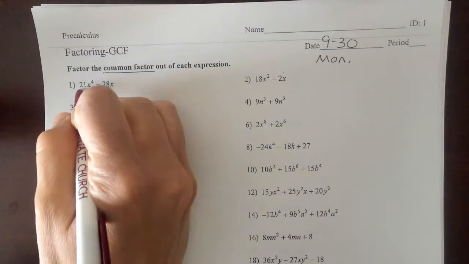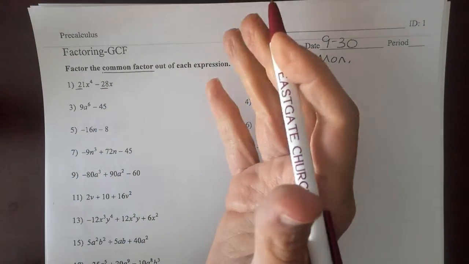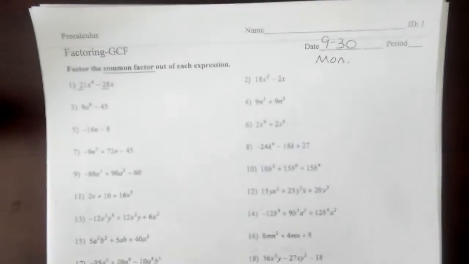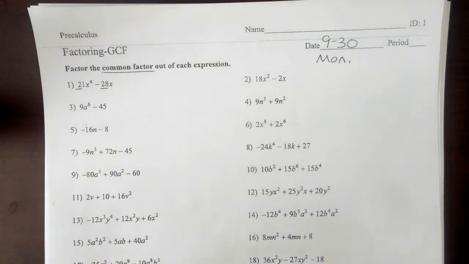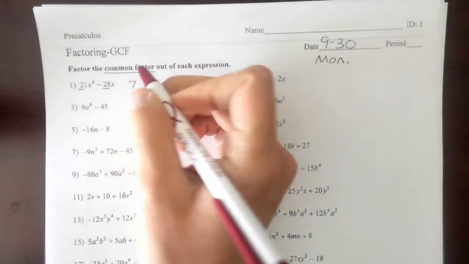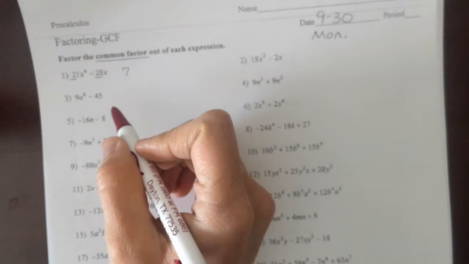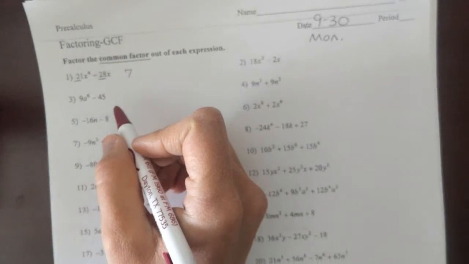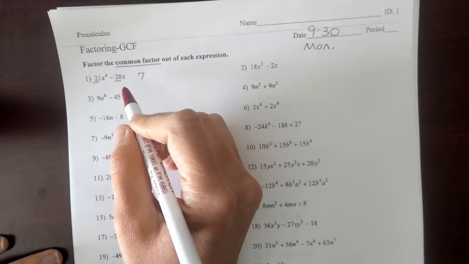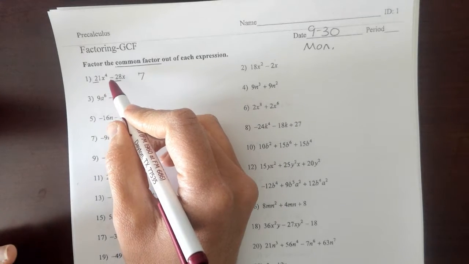The common factor between 21 and 28, the greatest common factor, would be 7, right? Because 7 is a factor of both of those. It's the greatest factor between both of those. So I'm going to take out a 7. Also, since they both have an x as a factor, that is a common factor too.